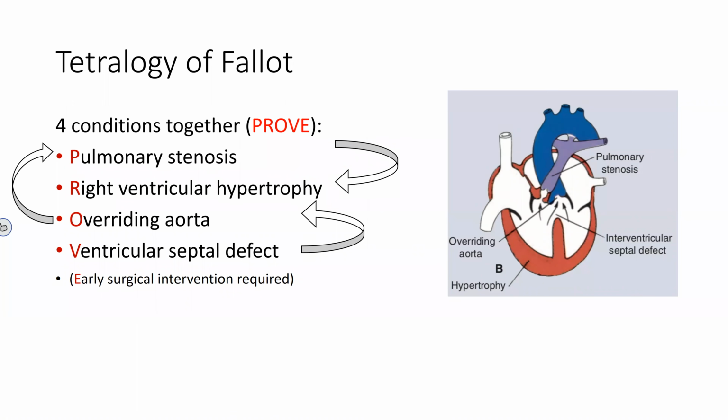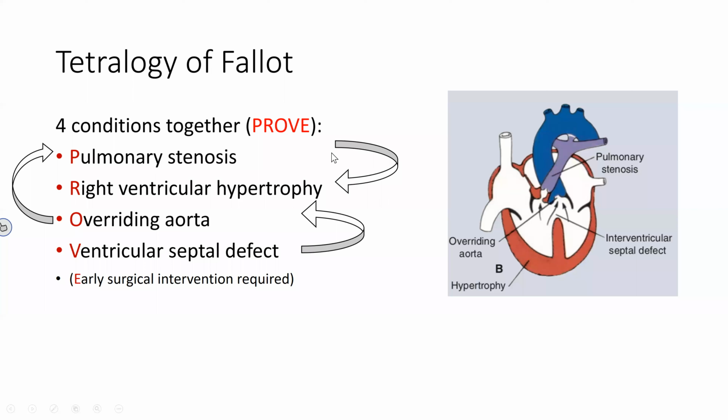So pulmonary stenosis, right ventricular hypertrophy, overriding aorta, and ventricular septal defect, and the E is for early surgical intervention. And the arrows show which ones lead to the other.